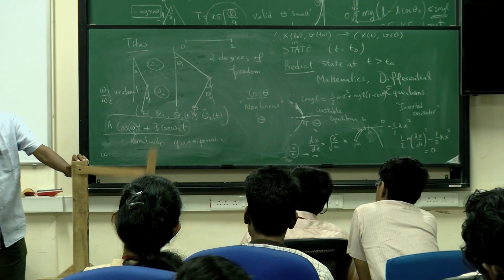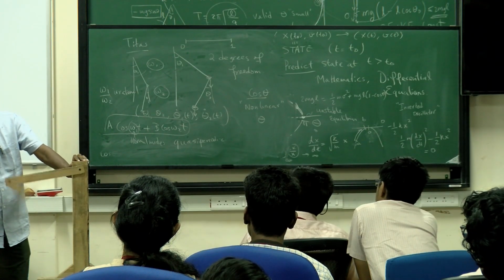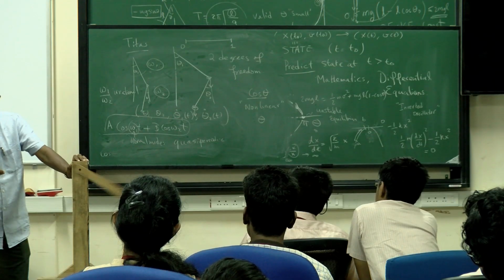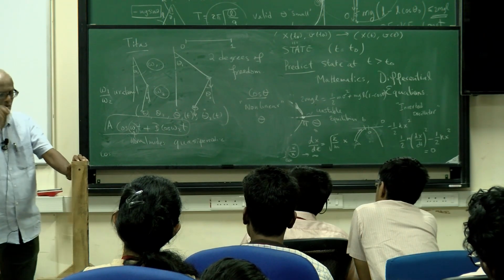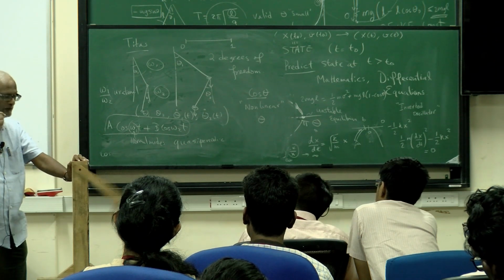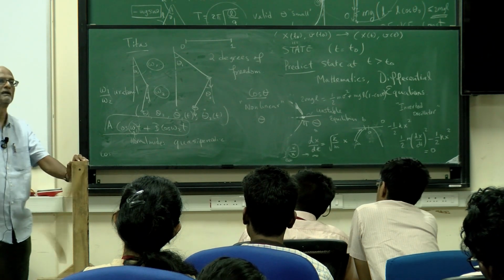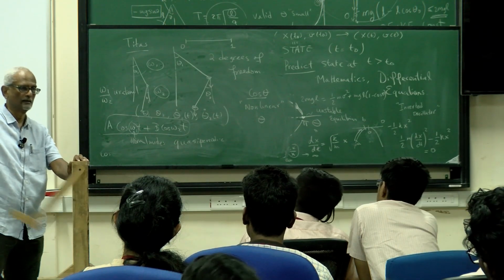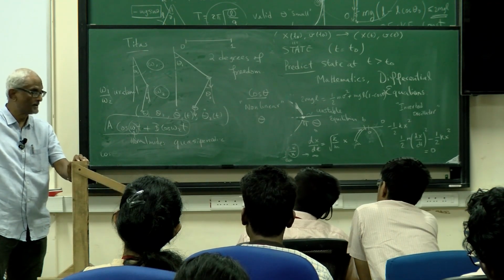It's not random, of course, in the sense that it's governed by definite equations of motion. And if one knows the initial conditions to infinite precision, you can predict what is going to happen later for all time.